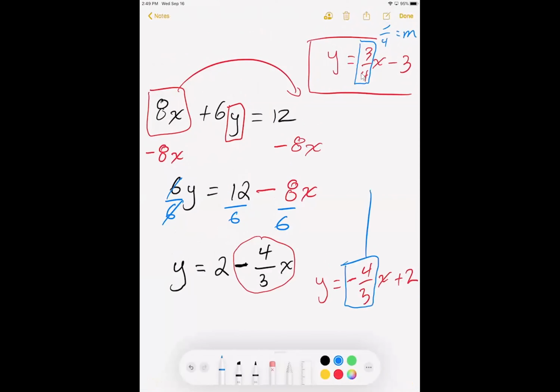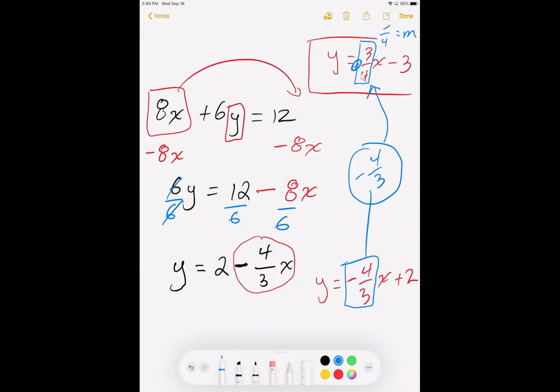This is my slope, negative 2/3. Do you agree that this is the opposite, because over here is positive and this is negative? And it's a reciprocal, because 3/2 is the reciprocal of 2/3.